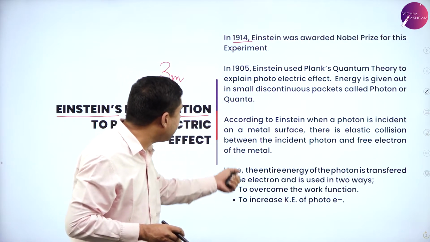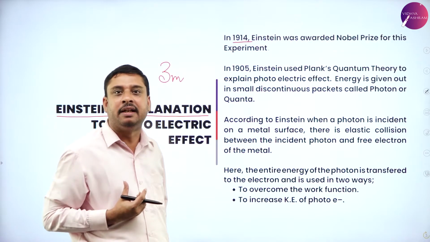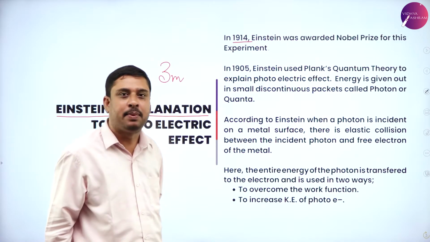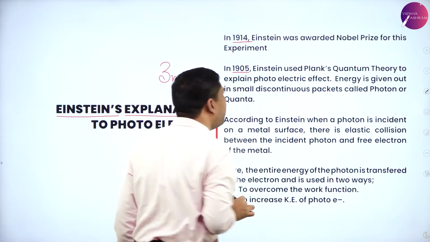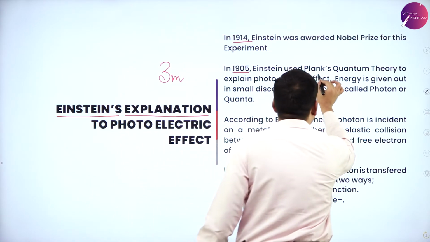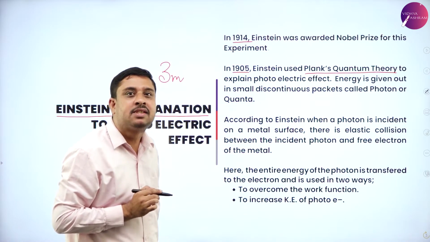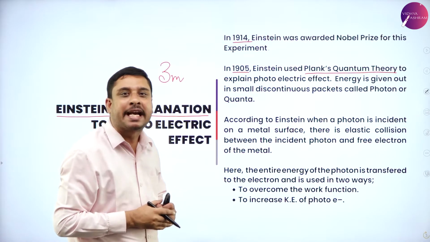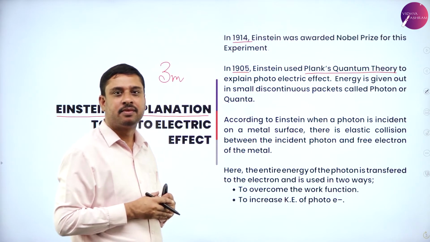Now, let us try to understand how actually the phenomenon of photoelectric effect happens. In 1905, Einstein makes use of Planck's quantum theory to explain photoelectric effect.